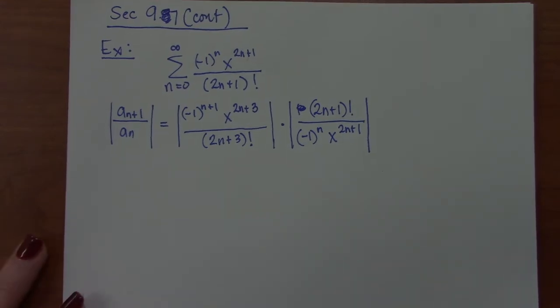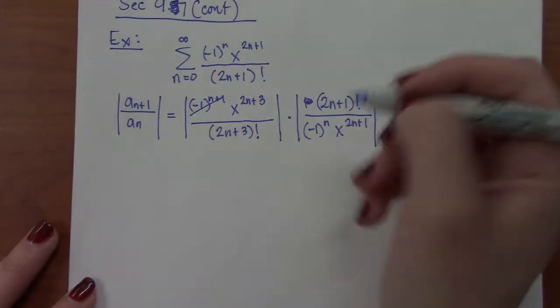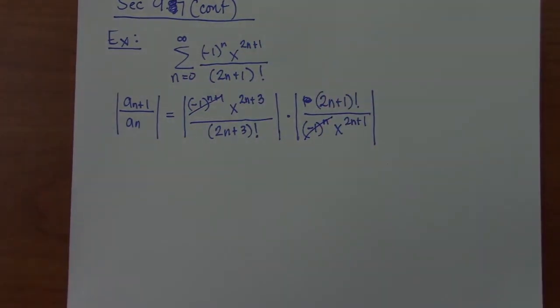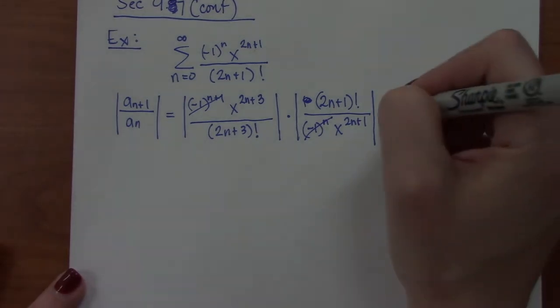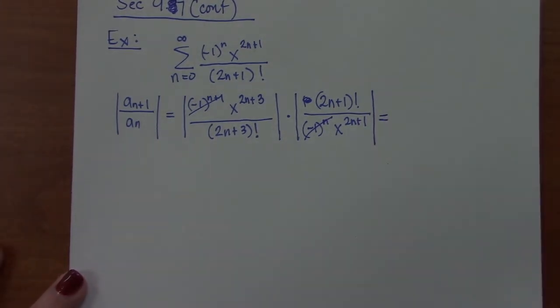The first thing the absolute value is going to do is wipe out these (-1) terms. We can trash those right away because those terms will only be 1 or -1, and their absolute value will always be 1, so you can dump those immediately. Then we need to simplify these factorial terms.